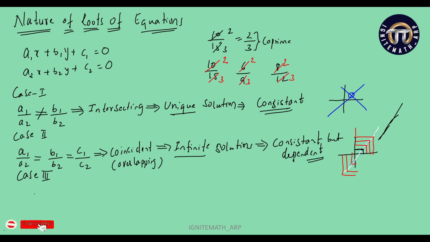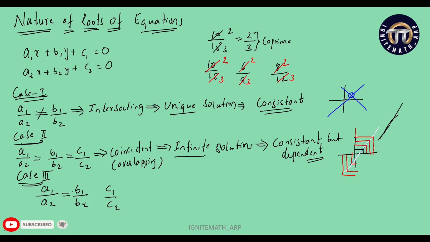Clear? Understood? So now pay attention. Again, in the case of 3, the third case, I am finding out over here. So here what happens, again as usual, my usual habit, I will find out the ratio of a1 by a2, b1 by b2, then I will find out c1 by c2. But I realize that a1 by a2 is equal to b1 by b2.